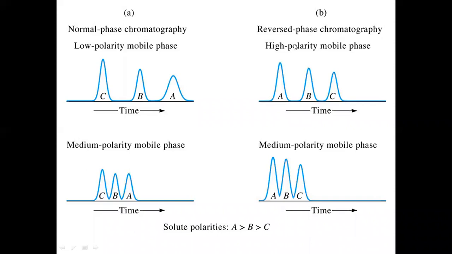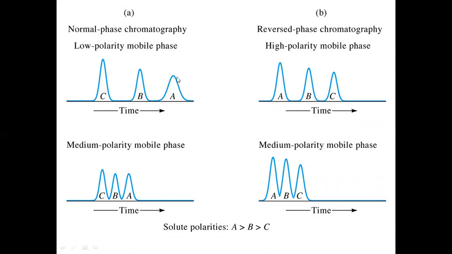If you change the polarity of the stationary phase from polar to non-polar, the non-polar stationary phase will be responsible for reversing the order of elution. Before, while using normal phase, the solute C, which was non-polar, was eluted first. In reverse phase chromatography, the stationary phase is non-polar and hence A is more polar.